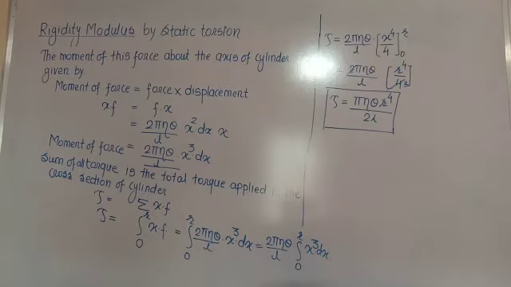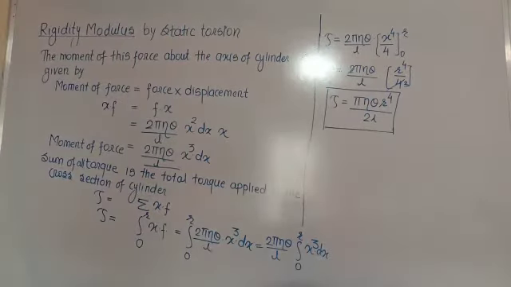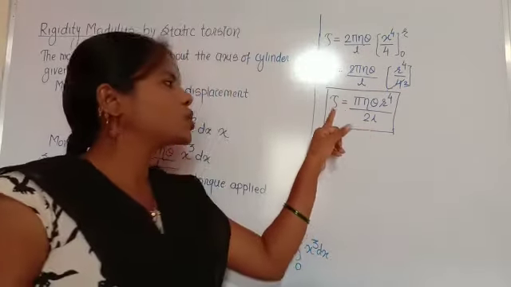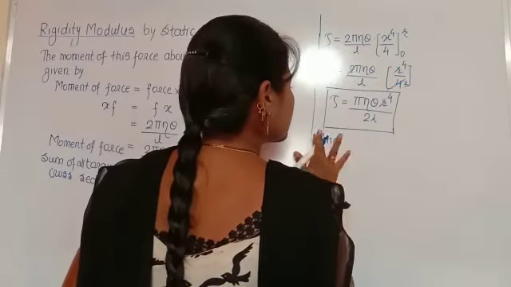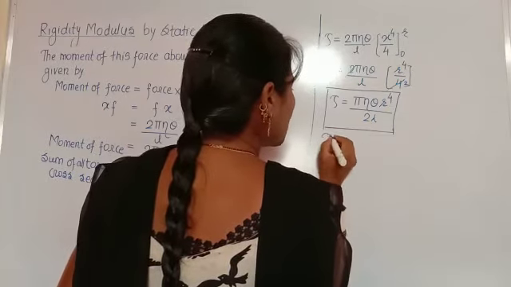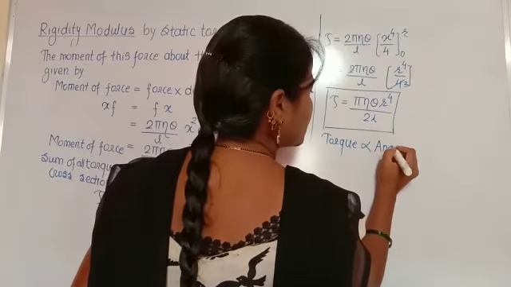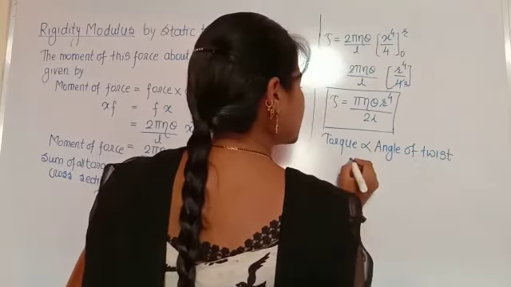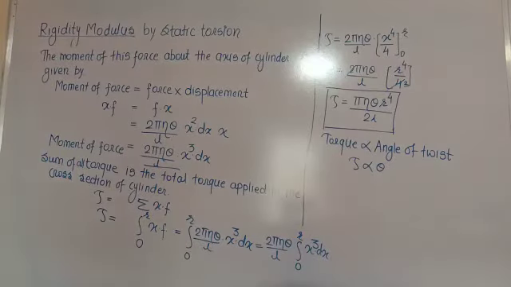This angle of twist theta is proportional to the applied torque Q. When we observe this equation, we see that the torque Q is directly proportional to theta, the angle of twist.